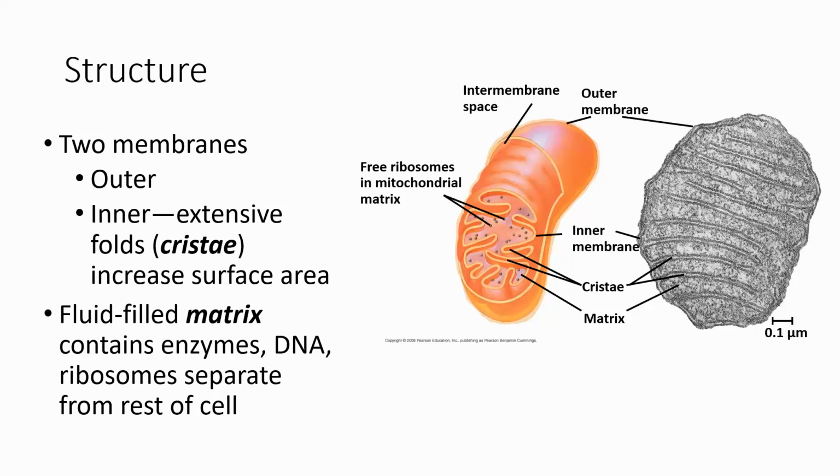When we talked about evolution, we talked about endosymbiotic theory and support for the idea that mitochondria were once separate, independent bacteria that then got endocytosed, or taken in, by an ancestor of modern day eukaryotes and ended up forming this nice, happy, symbiotic relationship. That's where the separate DNA comes from, and it also has some ribosomes of its own.